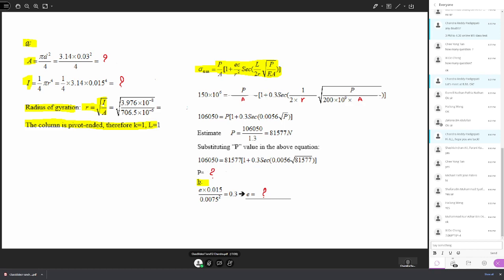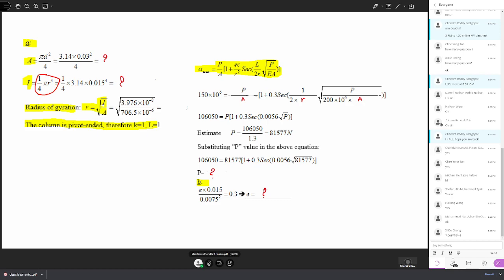Then you can calculate the moment of inertia. The moment of inertia is a geometric property. Since you're dealing with a steel bar having a diameter, it is a circular cross section. The formula for the moment of inertia for a circular cross section is pi r to the power of 4 over 4.